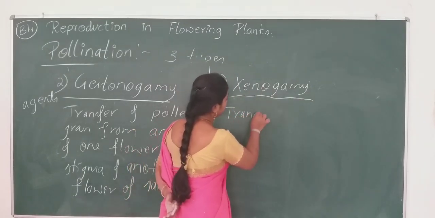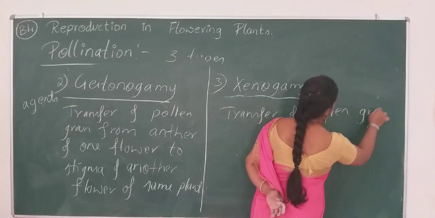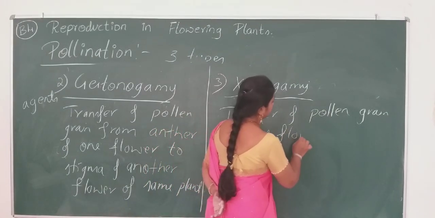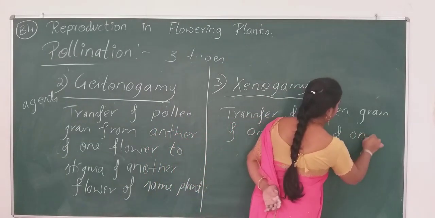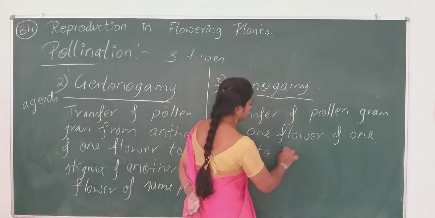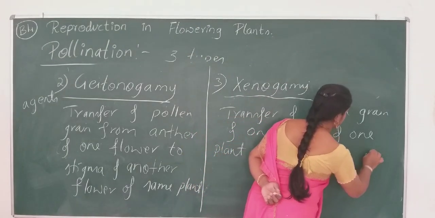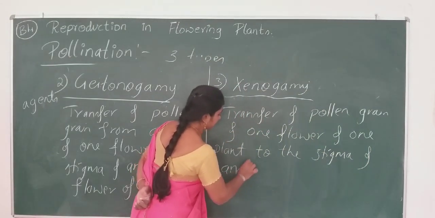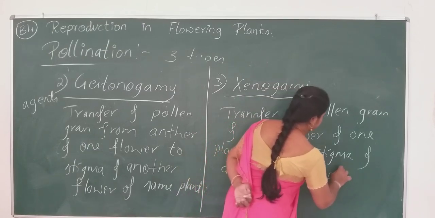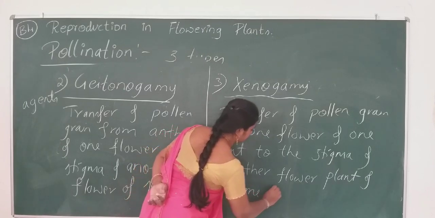So this is also the transfer of pollen grain of one flower of one plant, observe this, to the stigma of another plant's flower of the same species.